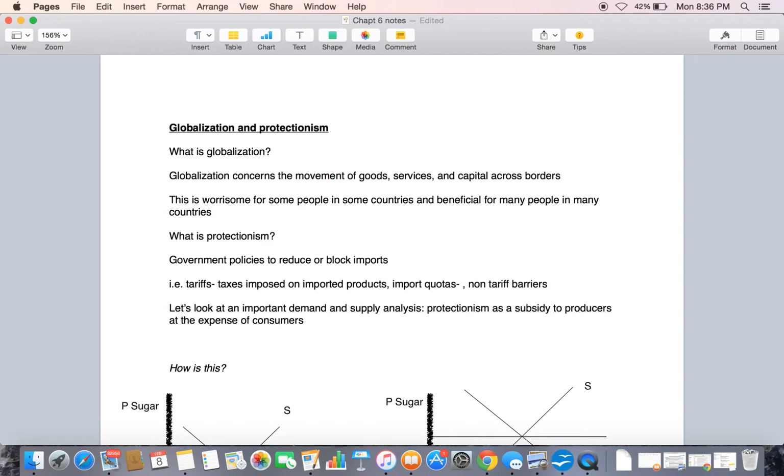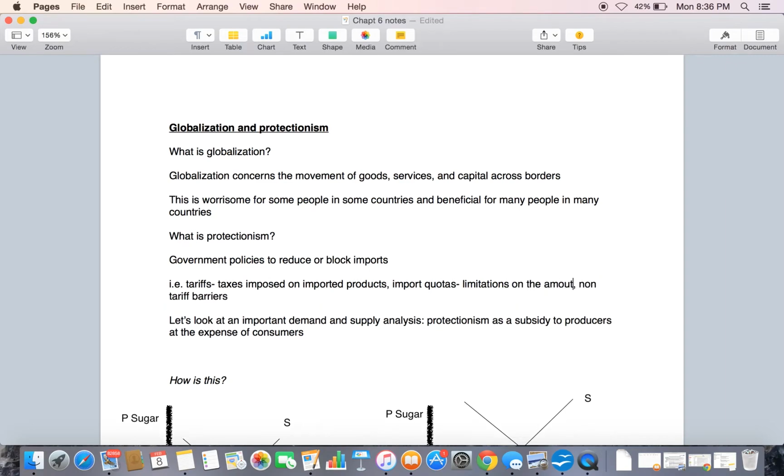Import quotas, on the other hand, are limitations on the amount of a good which can be imported. The government might apply strict rules on how much of a certain good can be imported into the country.